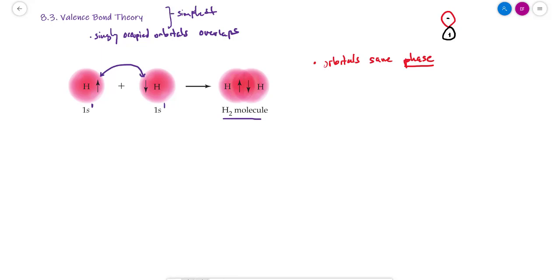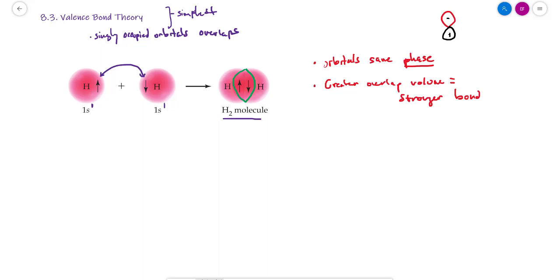The other criterion here is that the greater the overlap volume, the stronger the bond. And that's a big one. Actually, that's true in all bonding models, not just valence bond theory. If you have a bigger overlap between the orbitals, then you have a stronger bond.